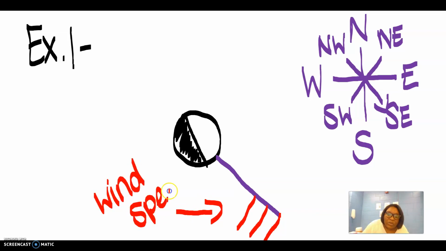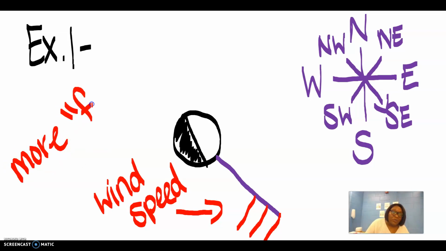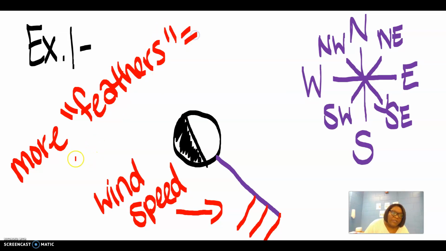Wind speed is measured in knots, K-N-O-T-S. That's an extra credit question that you may or may not ever see. You just need to make sure you understand that the more feathers we see, the more lines we see coming off of our bar, the faster our wind is blowing.